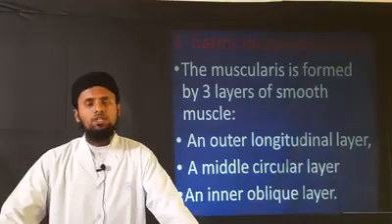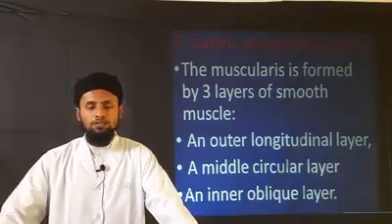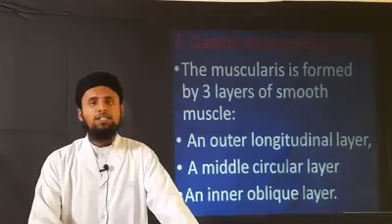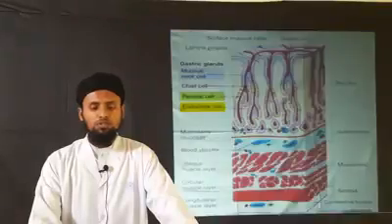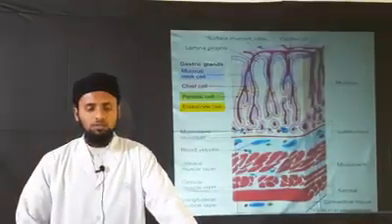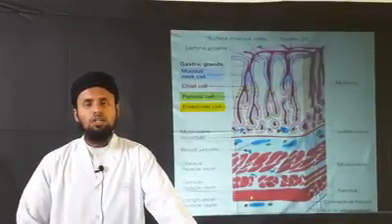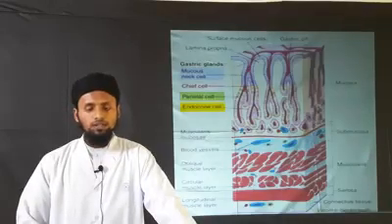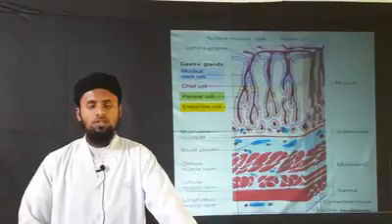Now gastric muscularis externa. The muscularis is formed by 3 layers of smooth muscle. See the figure. Number 1 outer longitudinal muscle layer, number 2 circular muscle layer, number 3 oblique muscle layer.